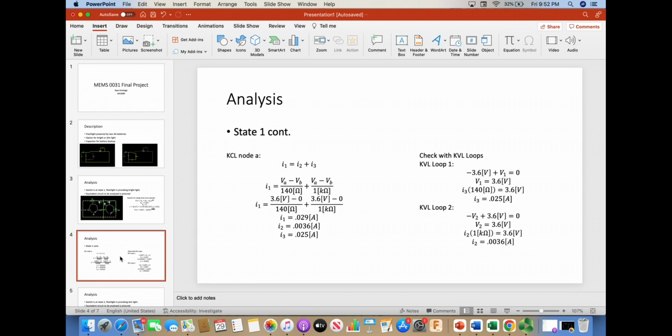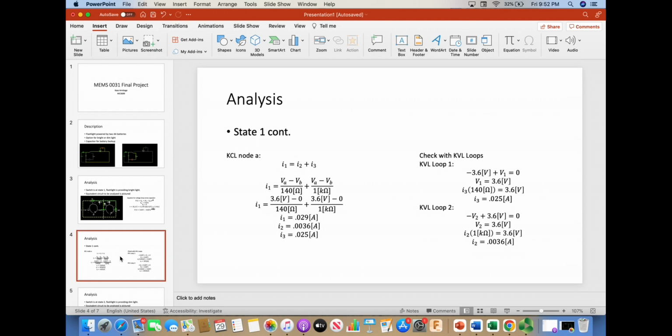In checking with the KVL loop, I took KVL around loop 1 to find that negative 3.6 volts plus V1, the voltage across the 140 ohm potentiometer, equals 0. Therefore, V1 equals 3.6 volts. Using Ohm's law, I3 times 140 ohms equals 3.6 volts.